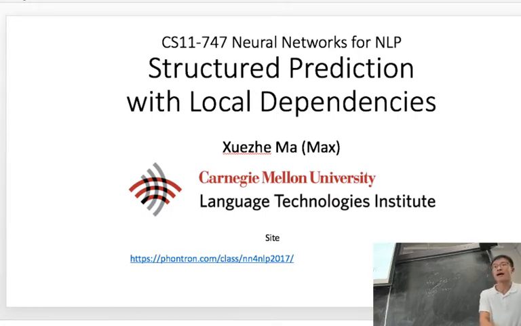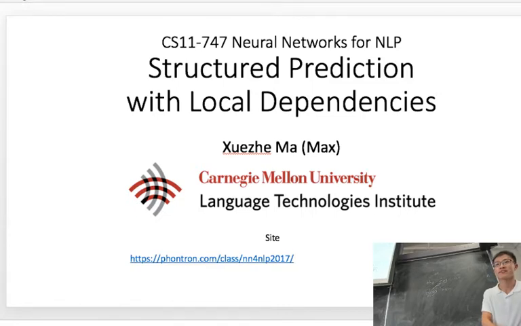I have a quick question here. What is the independence assumption implied by CRF? Can anyone answer this question? What is the independence assumption behind CRF? Conditional independence.